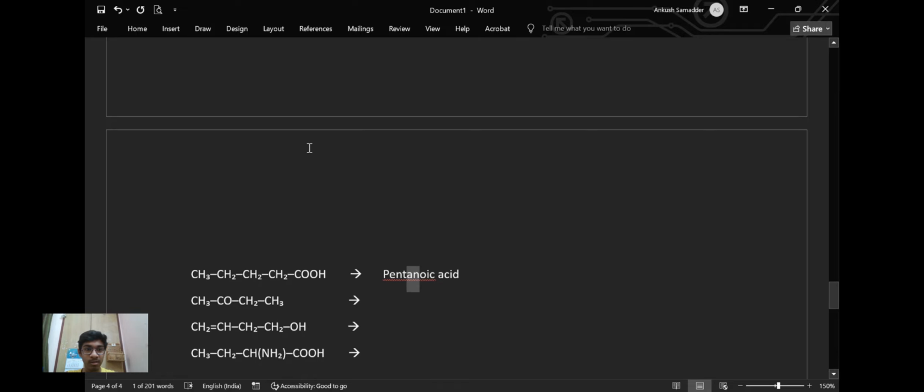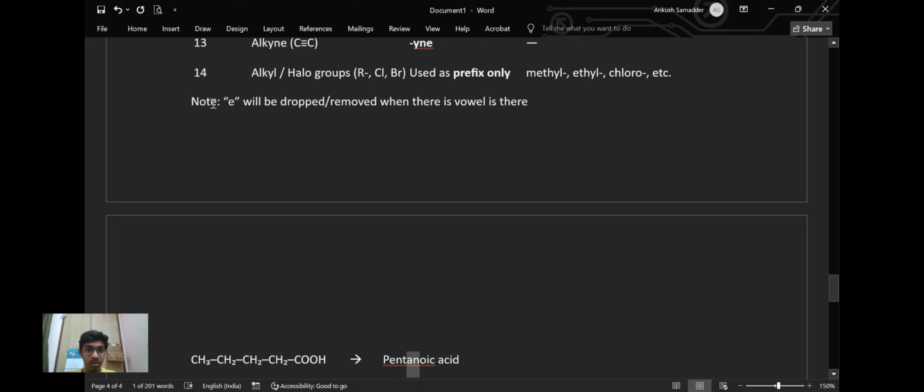So here, as you can see, I've written a note that whenever there will be a vowel, at that time E will be dropped or removed, whatever you call it. But E will be removed basically.